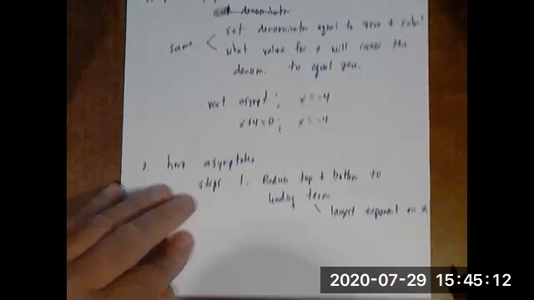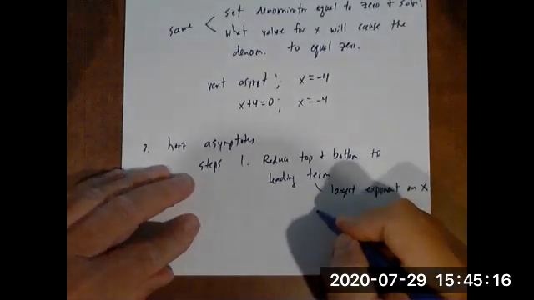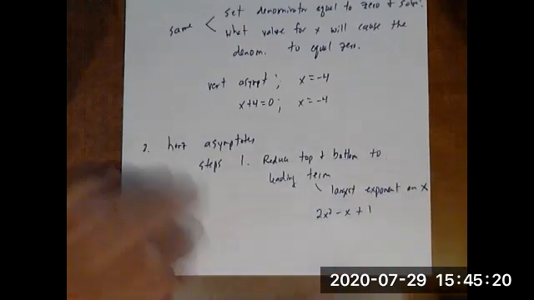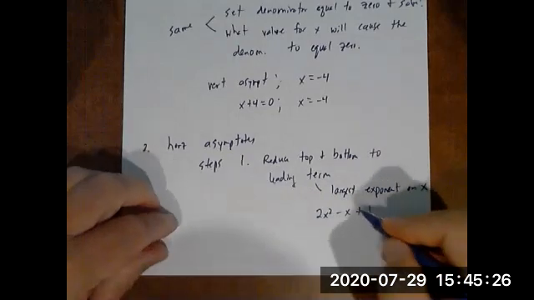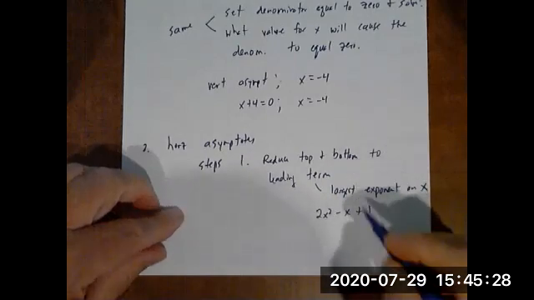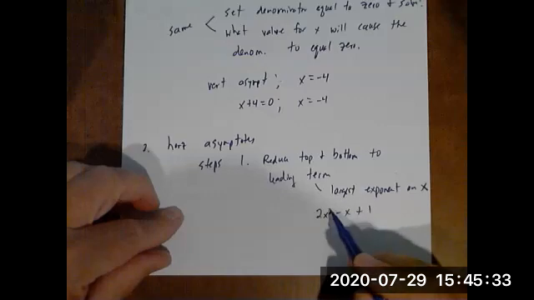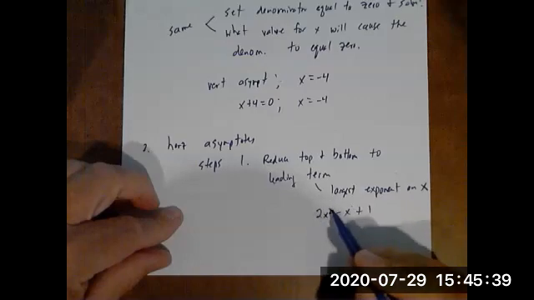Let me just explain leading term. 2x squared minus x plus 1. Very typical polynomial. If I say I want to reduce this to the leading term, what do I do? I see which term has the largest exponent on the variable. So I've got an exponent of 2 here, an exponent of 1 here. So this is my leading term.